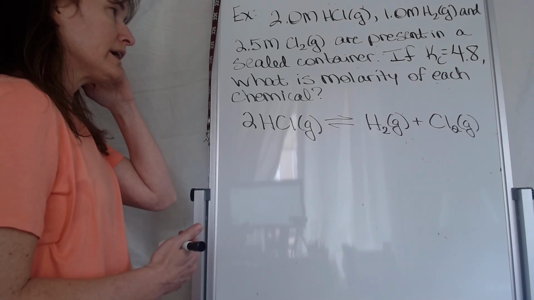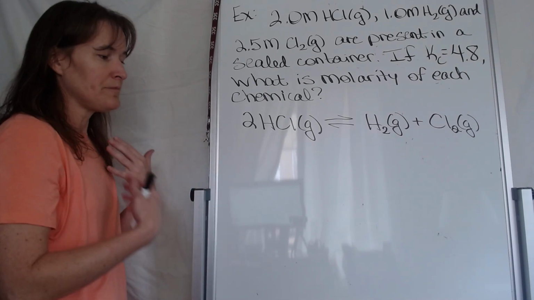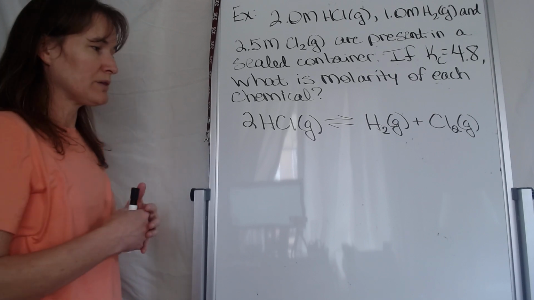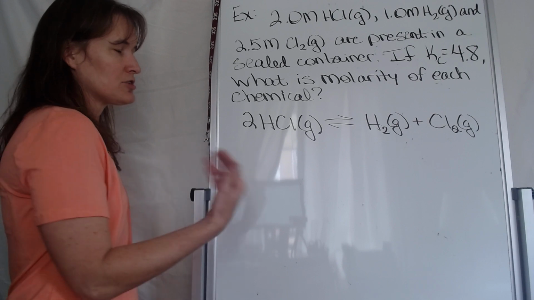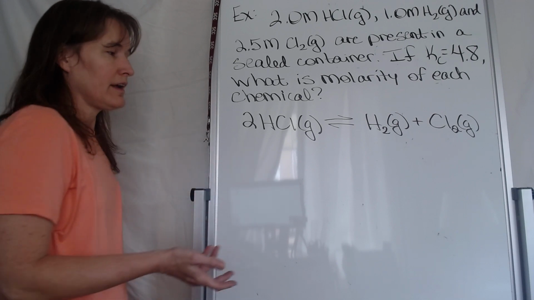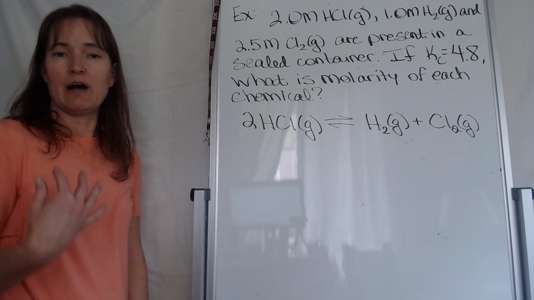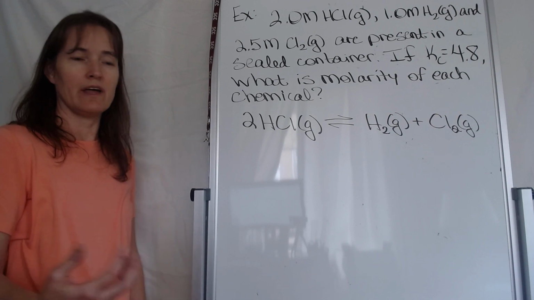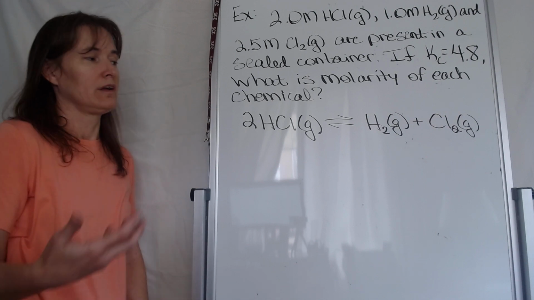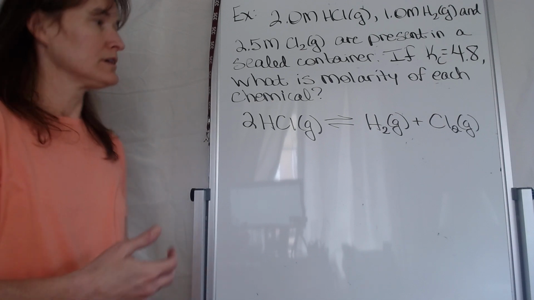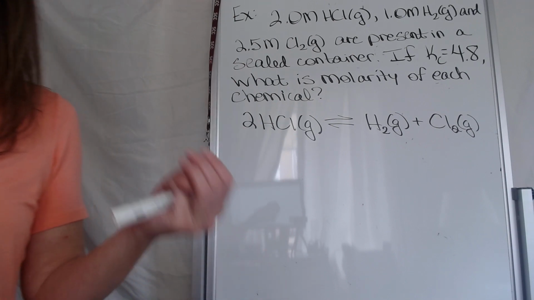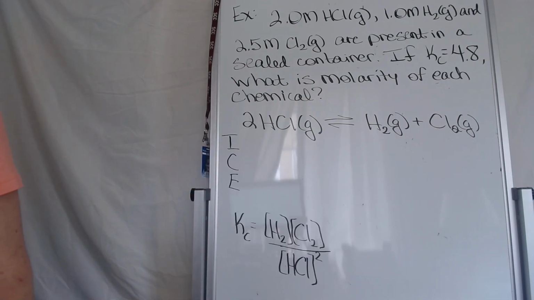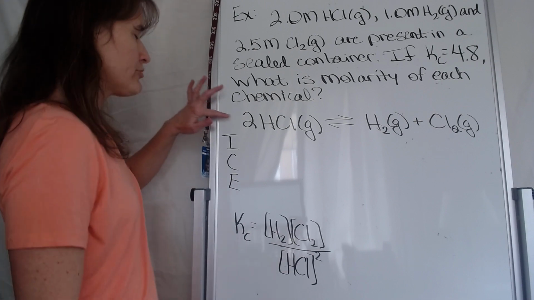So go ahead and leave yourself some space, and write down the equilibrium constant expression, and then start filling in the ICE chart, and then come back and I will explain what it is that we don't know at this moment for this problem. So go ahead and pause it. Give yourself time to organize your data and start steps 1, 2, and then 3, which is setting up that ICE chart.